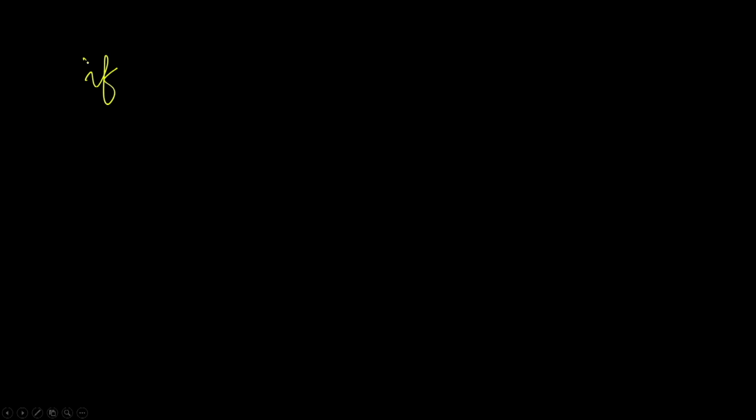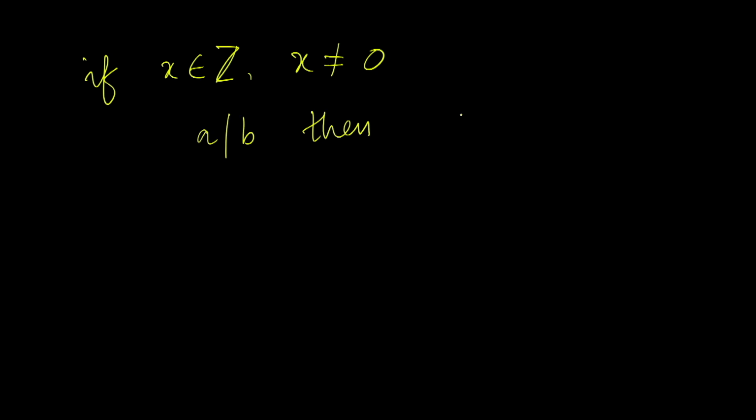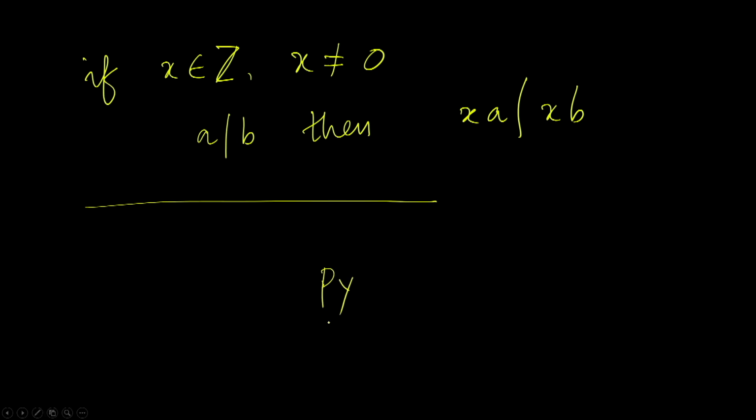And another property of the divides relation is this: if an integer x that is non-zero is given and a divides b, then xa divides xb. This also you can try yourself. So those were some results about the divisibility relation. Now let us see what is called the division algorithm.